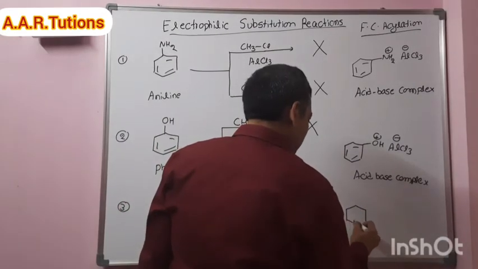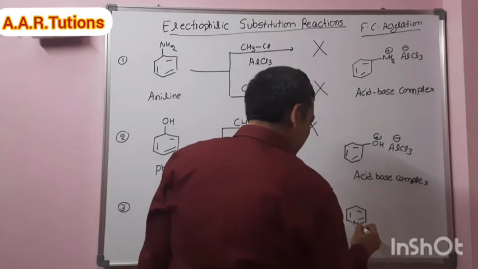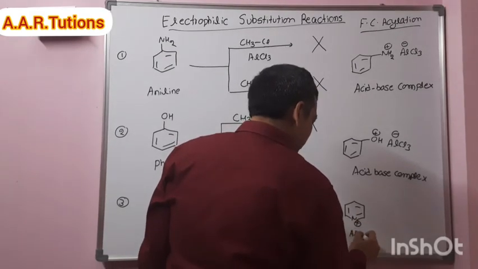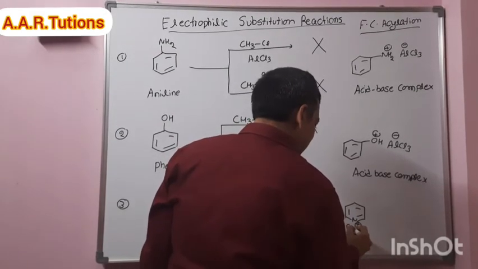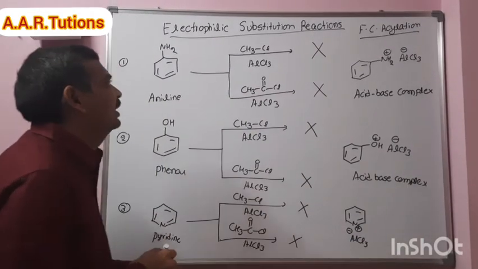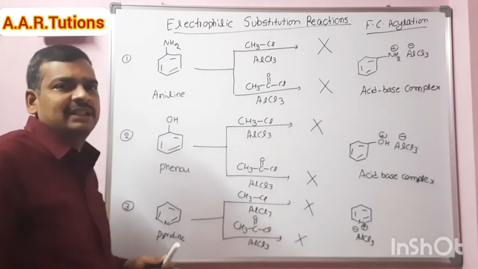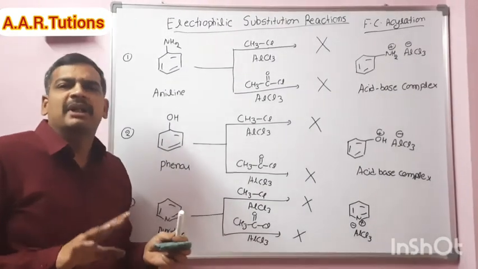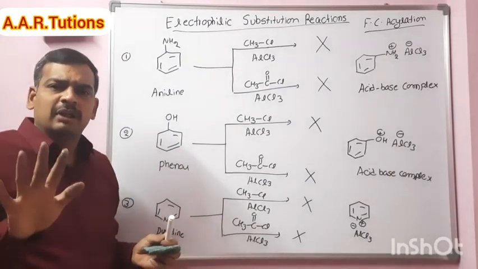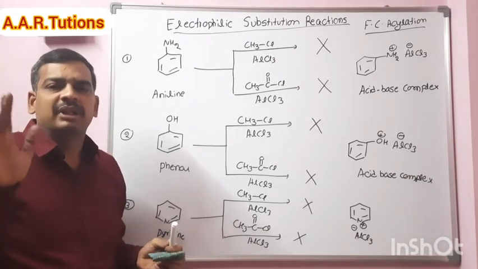Whatever AlCl3 you are using will form an acid-base complex with the pyridine, giving AlCl3 minus. As a result, there is no chance to generate either a carbocation or an acylium ion in these three cases. That's why aniline, phenol, and pyridine will not undergo Friedel-Crafts alkylation and acylation.